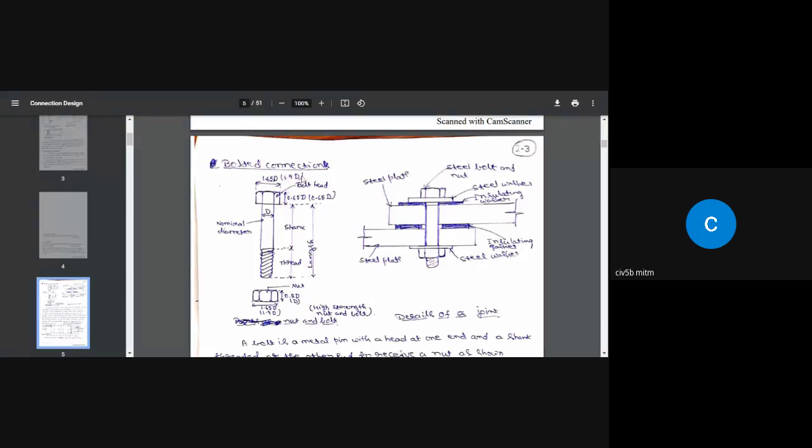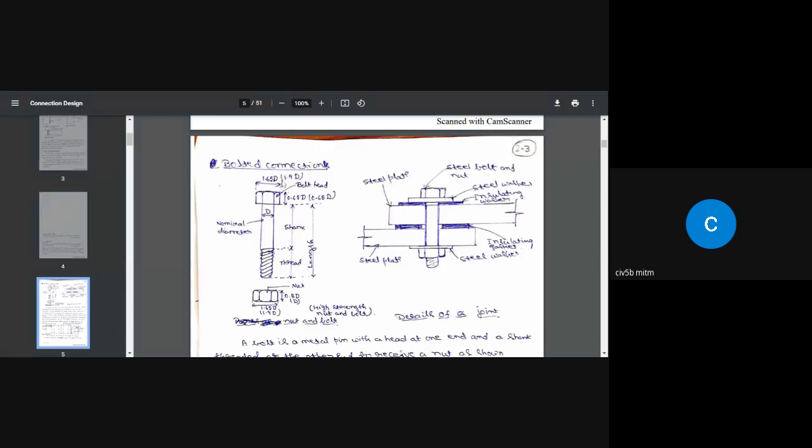You see some numbers within the brackets, that is 1.9 D, 0.65 D, D, 1.9 D, etc. Whenever I say 1.65 D or 0.65 D, if you look down below those two bolts, you see nut and bolt within brackets, high strength nut and bolt.